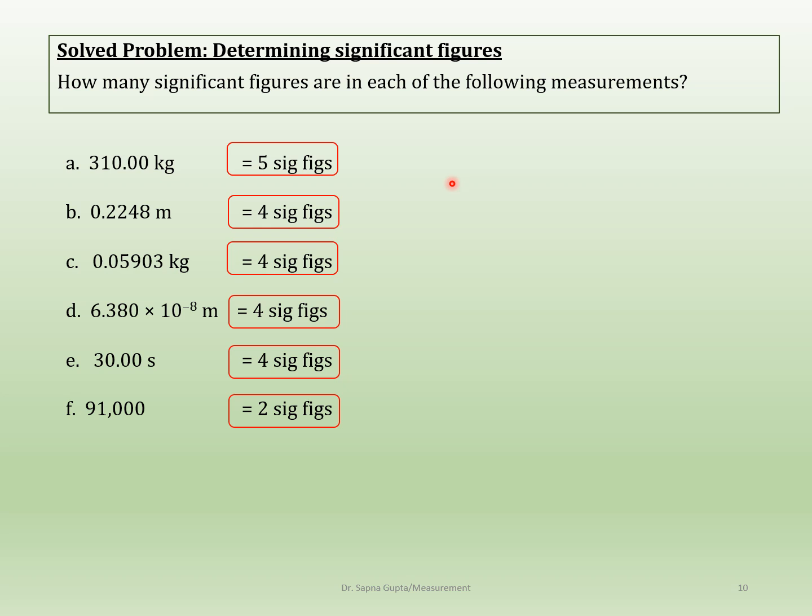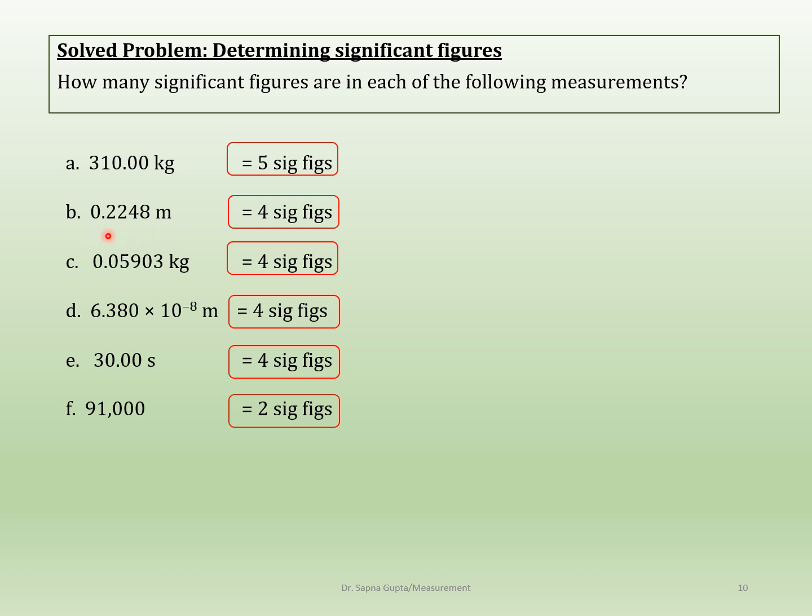Here are some examples for us, and you can see how I'm counting my zeros. In the first one, I'm counting all the zeros because there is a decimal point, and the zeros before and after all count. So 5 sig figs. In the next one, the first 0 does not count. That is what we call a cosmetic 0, but you can call it whatever.